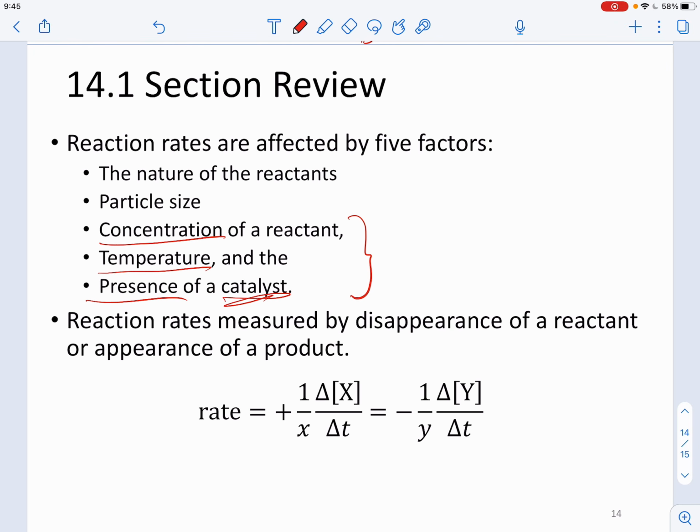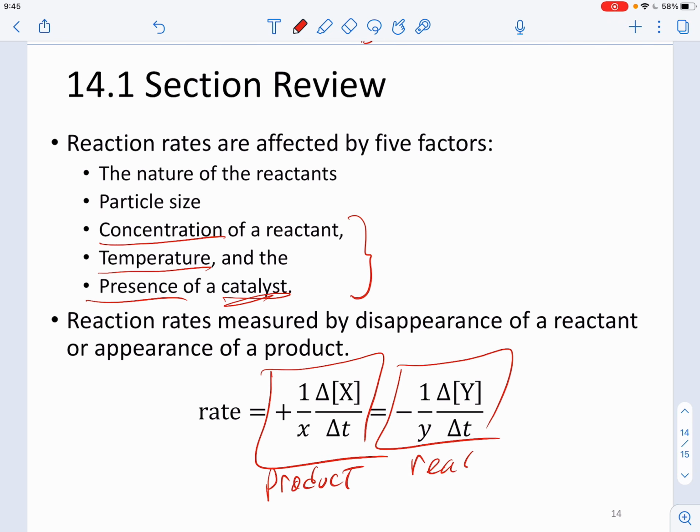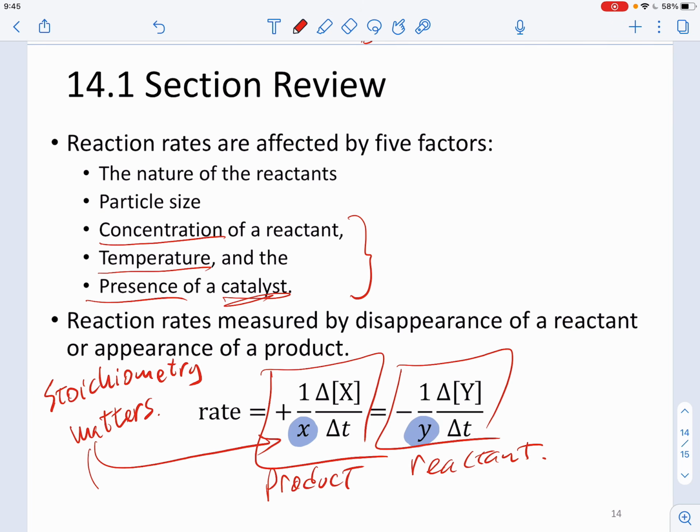For a product you use plus 1 over x, delta x over delta t, and for a reactant you have to add a negative sign. Okay, here stoichiometry matters. You have to take it into consideration because you have fractions there that depend on the stoichiometry of the reaction.